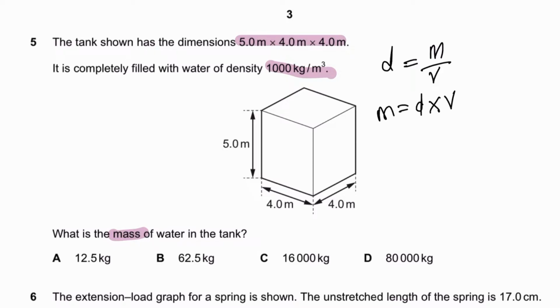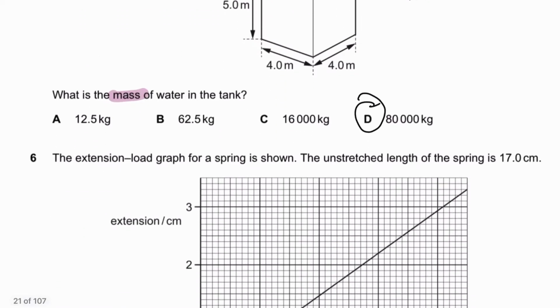Mass is equal to density times volume. So density is 1000, multiplied by volume. Volume will be 5 by 4 by 4. So 5 by 4 is 20, 20 by 4 is 80. So 80 multiplied by 1000, you can just see that it is going to be D. You don't even need a calculator.